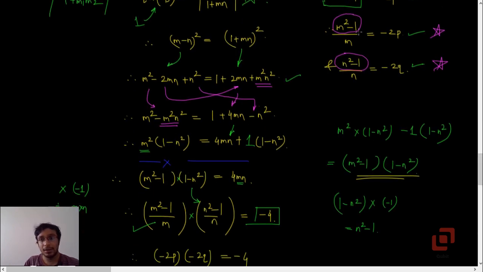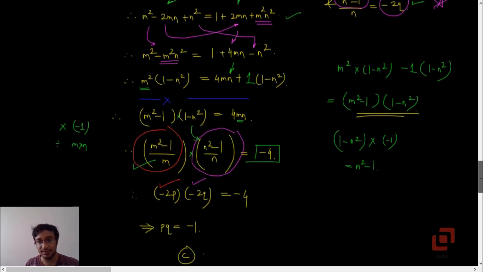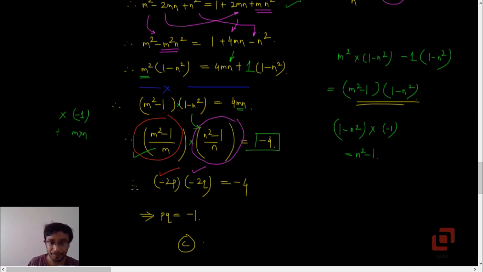Okay, m squared minus 1 upon m can now be replaced by minus 2p. Yes. N squared minus 1 upon n can now be replaced by minus 2q. Yes. And then that gives us the relation between p and q. Minus 2 into minus 2, 4. That will cancel this 4.